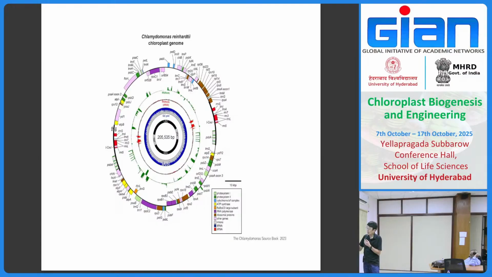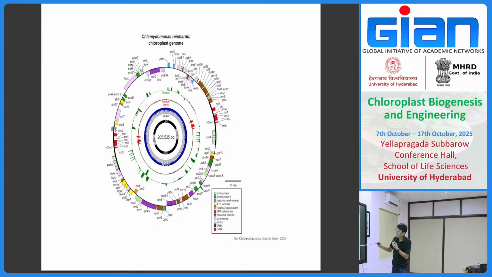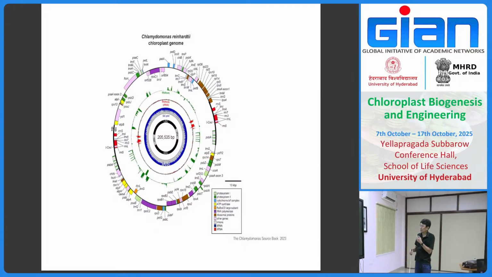And this orange is genes involved in gene expression: RNA polymerase, the ribosomal proteins. Other genes are involved in PS1 assembly or chlorophyll synthesis, protochlorophyllide oxidoreductase, something.